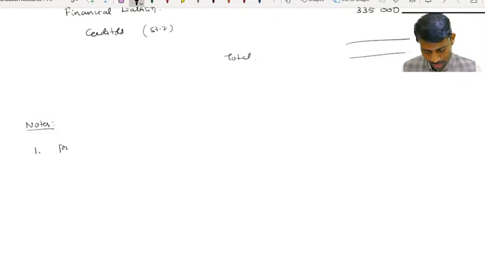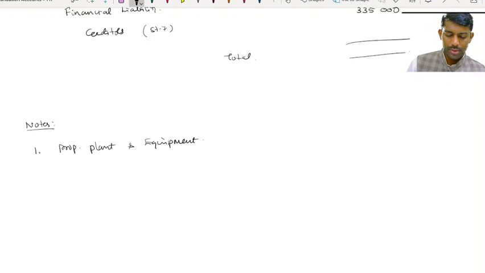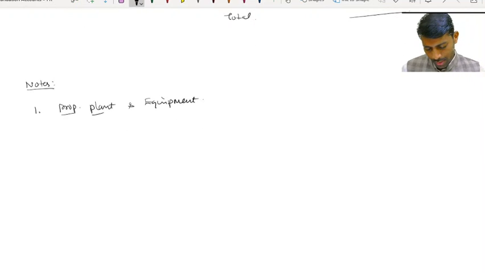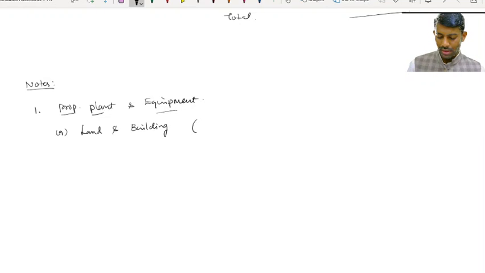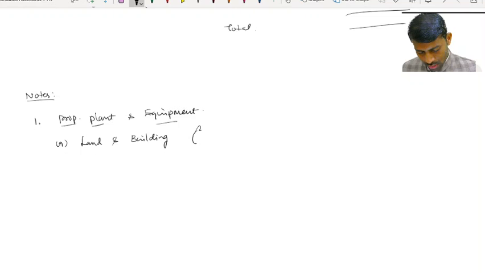Now what we required was note 1, property, plant and equipment. Under property, plant and equipment, first one is land and building. Either you give the H Limited and S Limited split, or sum up: 2,20,000 plus 2,80,000 put together is 5 lakh.